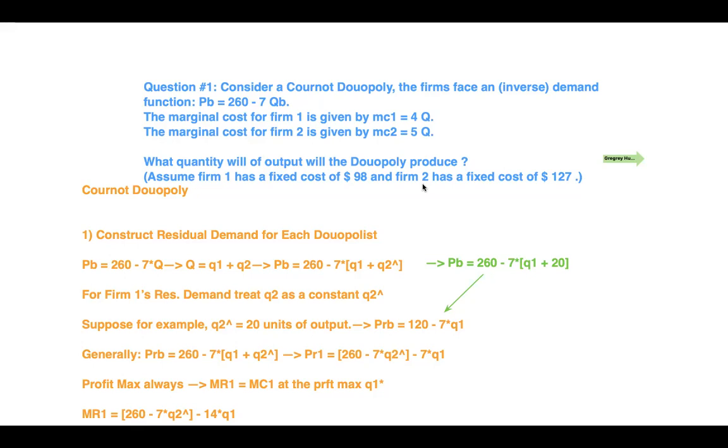The only difference is we're working with the residual marginal revenue. And when we finish doing that, then we end up getting an expression that you'll note here at the very bottom. It still has the quantity of the other firm in the duopoly.